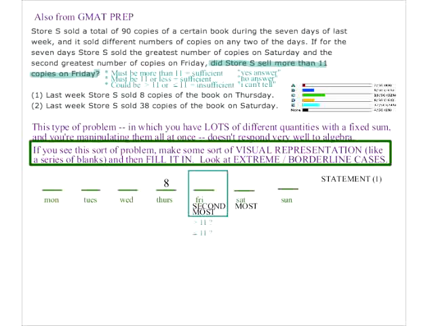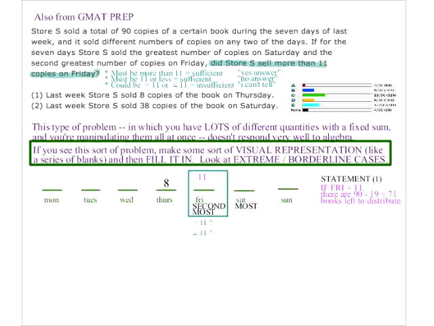So remember, we're most interested in Friday. So let's try 11 on Friday. And let's see what happens. So 11 on Friday would mean that, if Friday is 11, there are 90 minus 19, 71 books left to distribute.